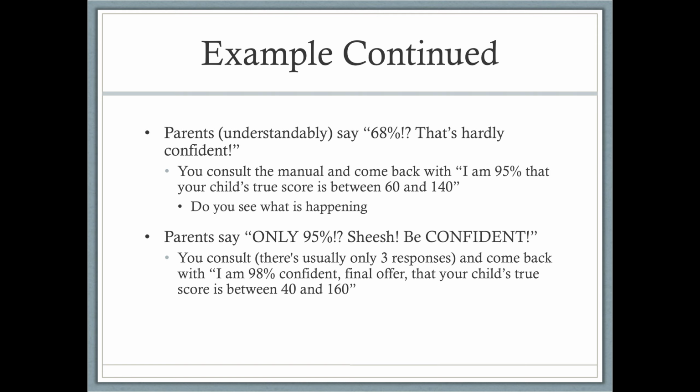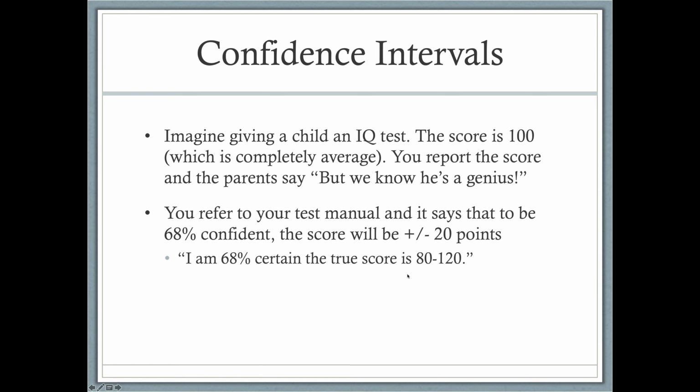So you're adding on points, and as you become more confident, that range becomes less accurate, right? So between 40 and 160, that's not helpful, because he could have scored incredibly low or incredibly high, but you don't know. But to be more specific, between 80 and 120, we're a little bit less confident, right?